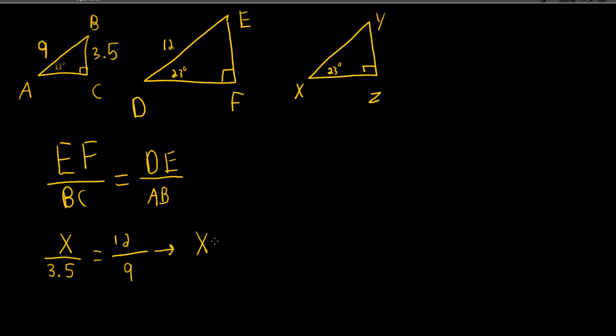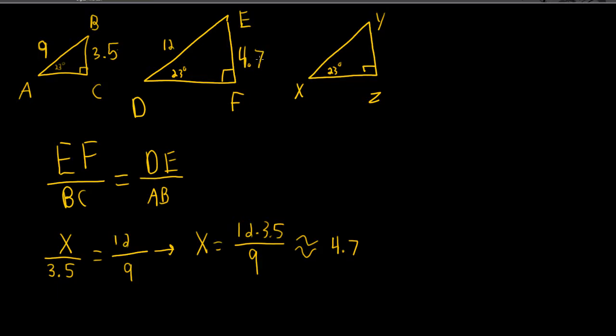We get X is equal to 12 times 3.5 over 9. And that's approximately equal to, and we use this squiggly little equal sign to say approximately, 4.7. So we know that EF is approximately equal to 4.7.